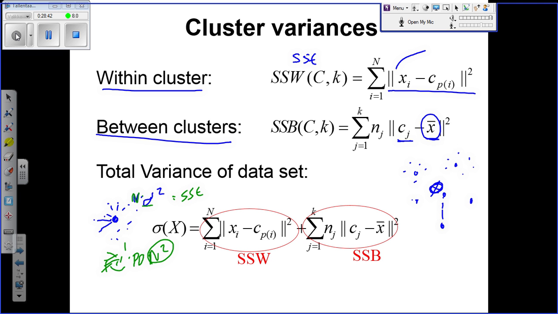And now I have a value that relates to n. It's not the average. If it's a variance, then it relates to the average per point. But now I have the sum of the squared errors. So if I sum up all the pairwise distances, I need to divide by n. Then I get to the same scale.